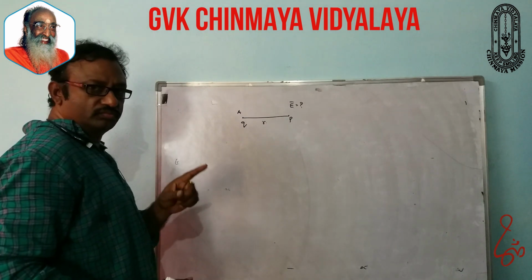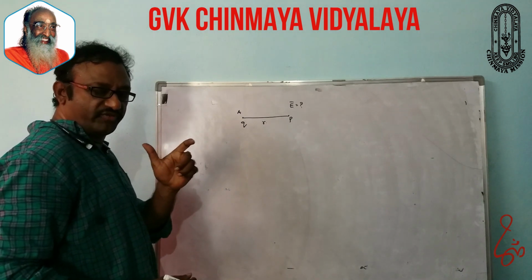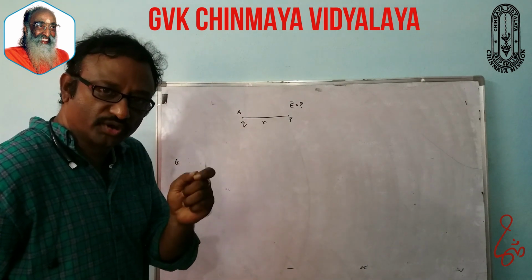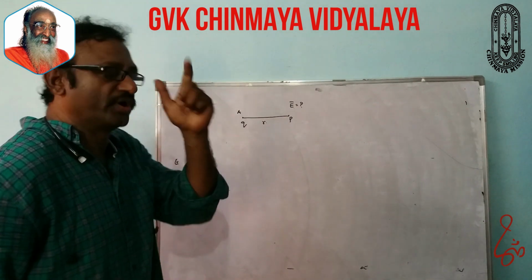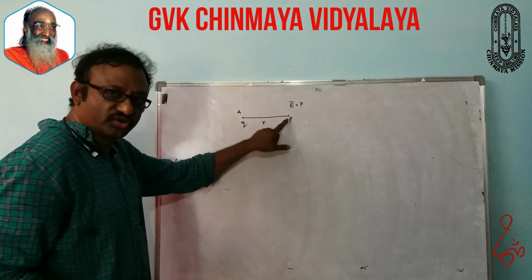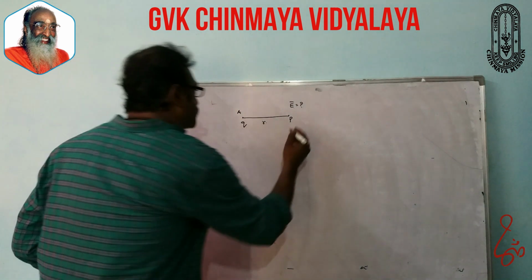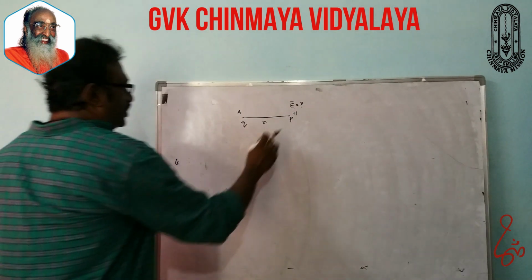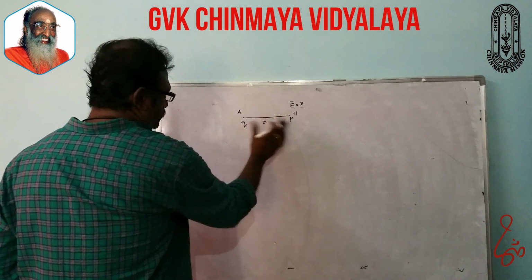Already we understood by the definition that electric field intensity is the force experienced by a unit positive charge placed at a point. So for that, I have to place a unit positive charge here. Now what is the force of interaction between these two?